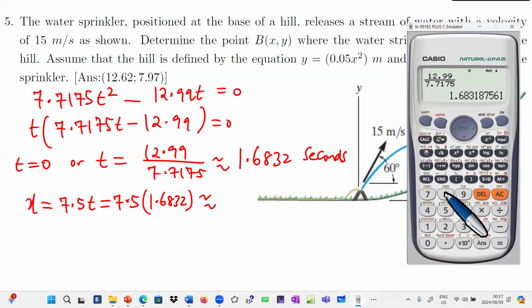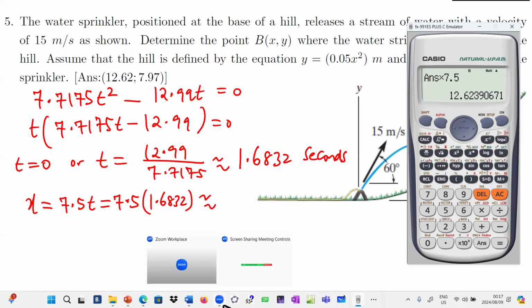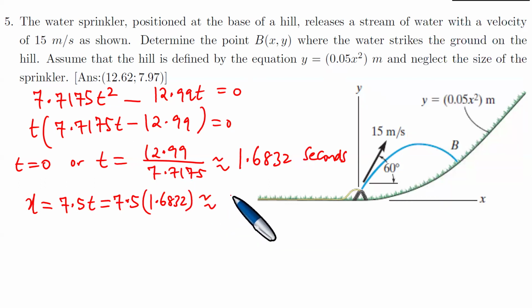If you use our calculator, we multiply this by 7.5, and it is actually 12.62, which is the x component. So we have 12.62 meters. But we're not done.